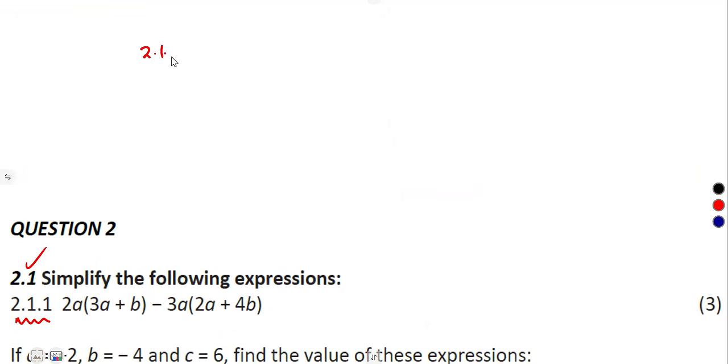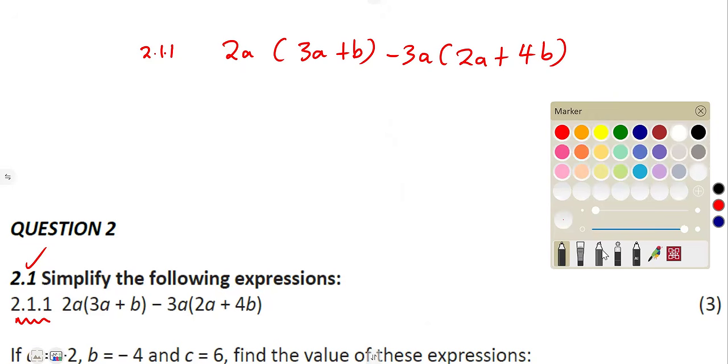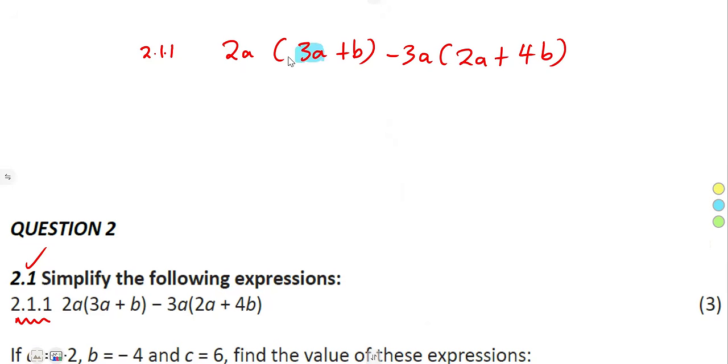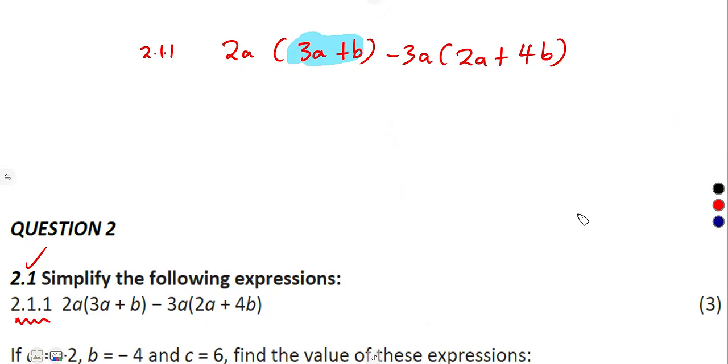So that's 2.1.1. We've got 2a into the bracket, 3a plus b, minus 3a into the bracket of 2a plus 4b. I have already talked about this, guys, from expansion of brackets. Just distribute with what is outside of the bracket. The first bracket is going to be multiplied by everything outside, this part as it is, 2a.